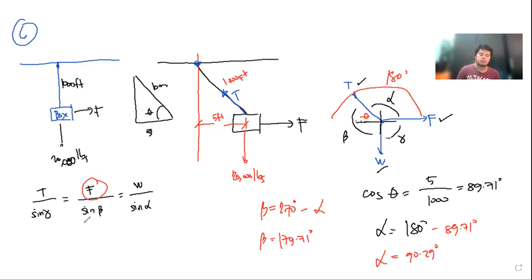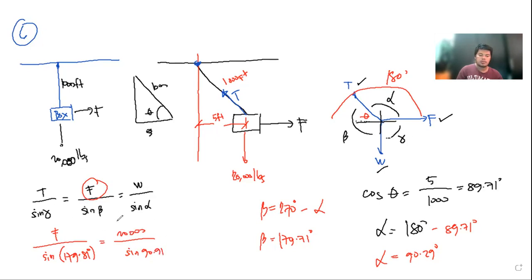Okay, so you notice that the horizontal distance is very small as compared to the total length of the cable. Such that we can have the force, sine of 179.81, equal to, since we have the known weight, 20,000 divided by sine of alpha, that's 90.91.